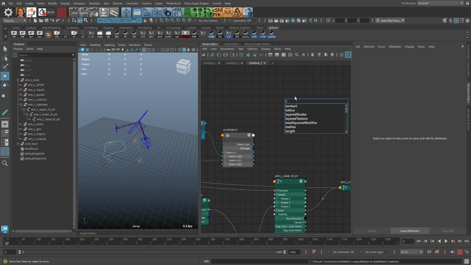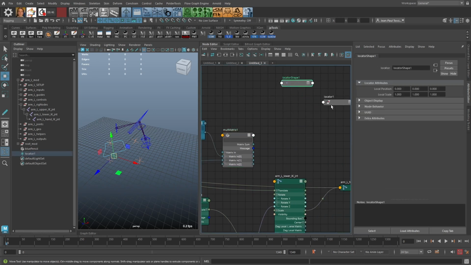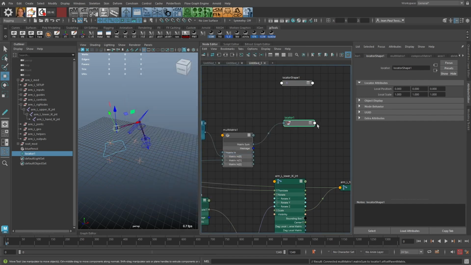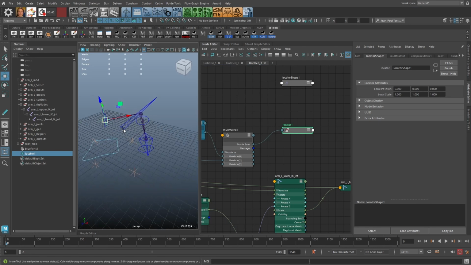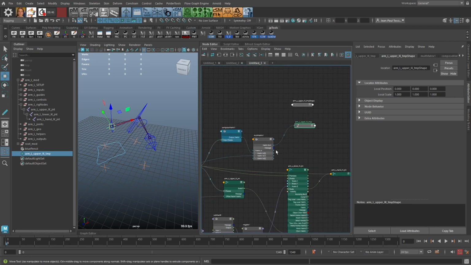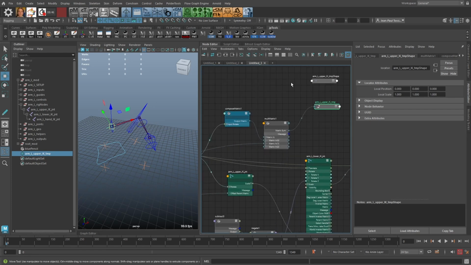Now, if we create a locator, and we plug this into the offset parent matrix, we have the locator that is at the position of this joint. So let's call this arm left upper IK temp, because we're not going to use it, but just for now, for visual cues, we can use it.